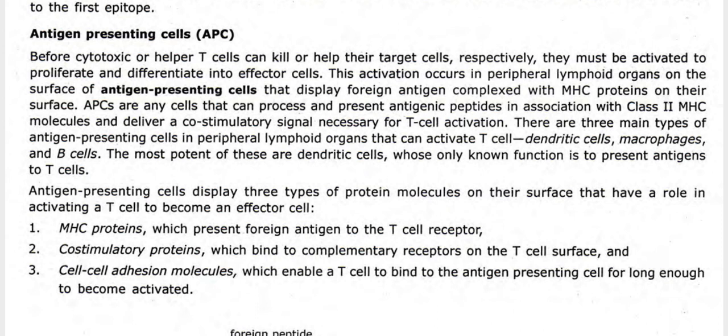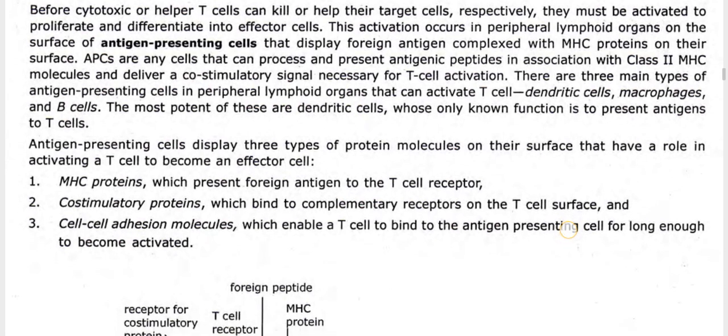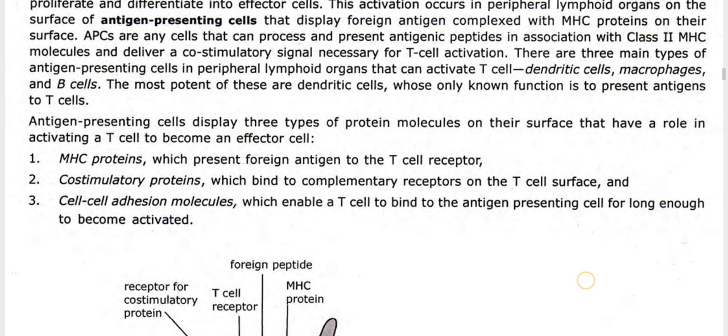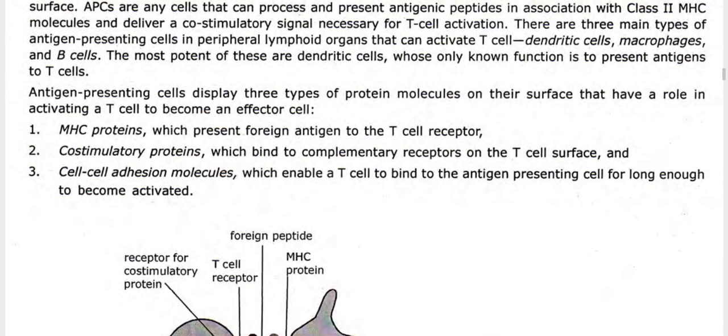There are three main types of antigen presenting cells in peripheral lymphoid organs that can activate T cells: dendritic cells, macrophages, and B cells. The most potent of these are dendritic cells, whose only known function is to present antigens to T cells.